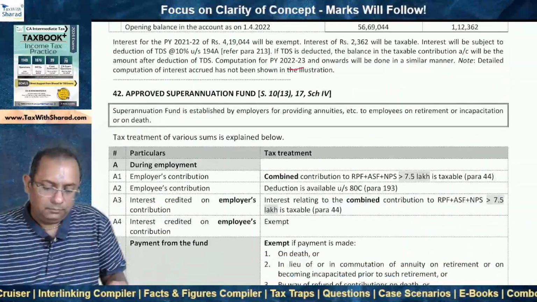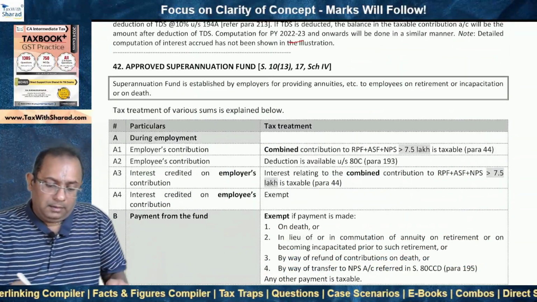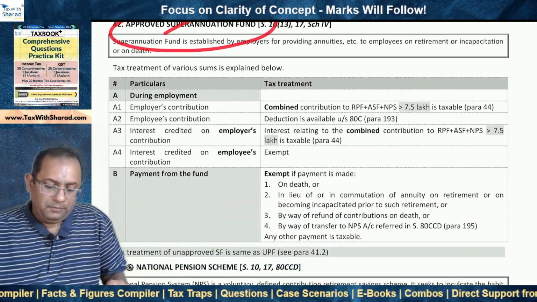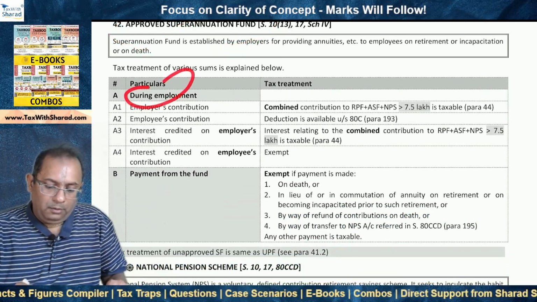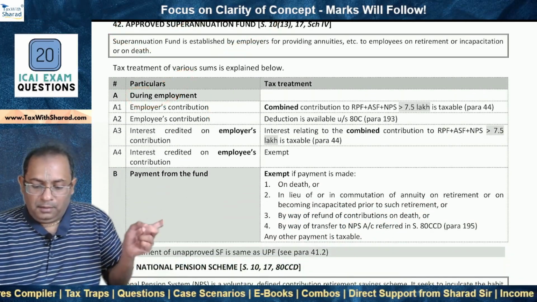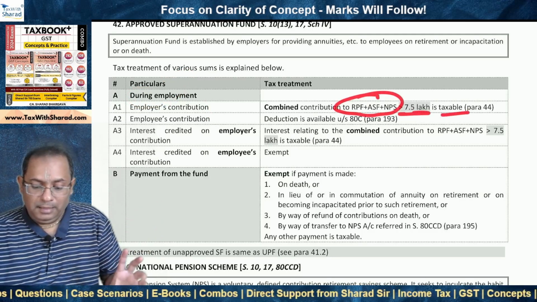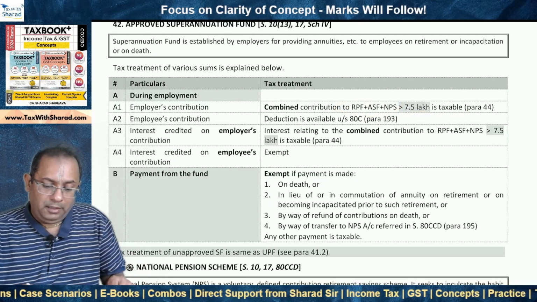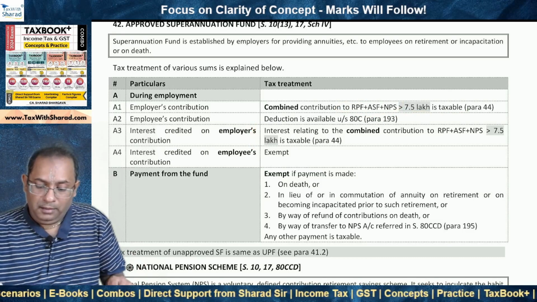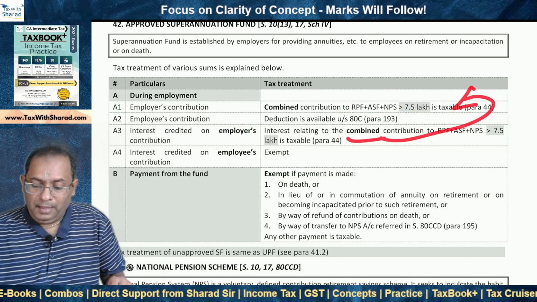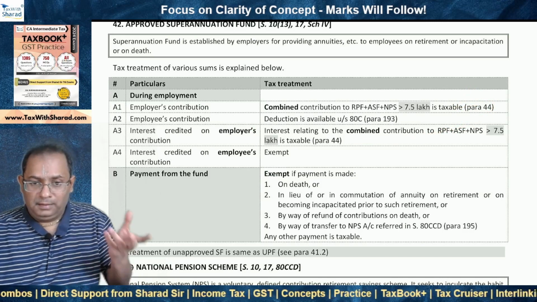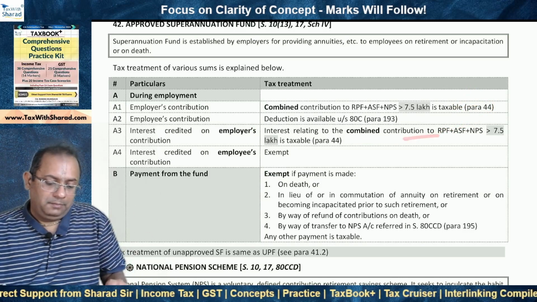So this is the approved superannuation fund, and as you can see, during employment, employer's contribution, the combined contribution of RPF, ASF, NPS more than 7.5 lakh is taxable. And as far as interest credited on employee's contribution is concerned, interest related to this excess also becomes taxable.